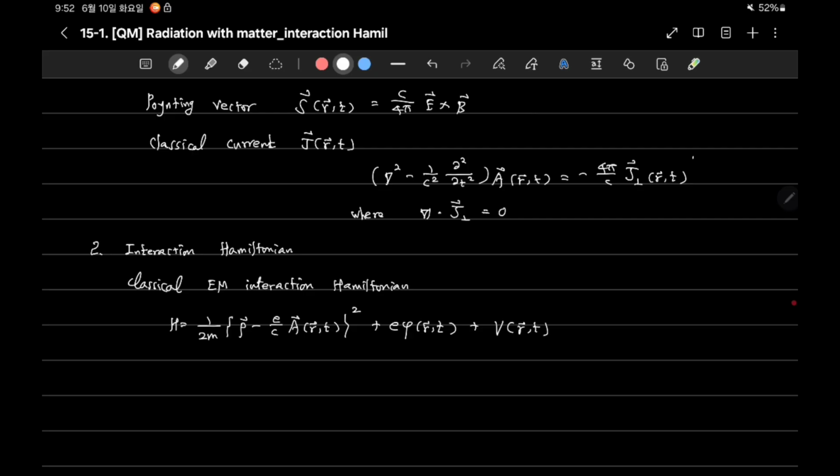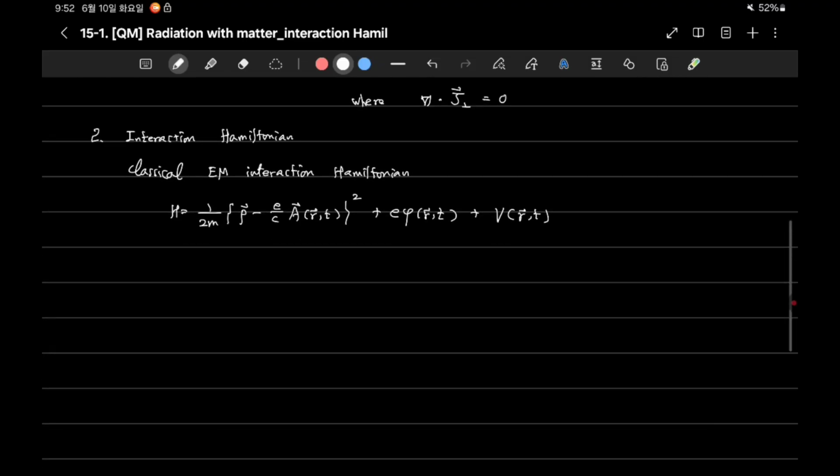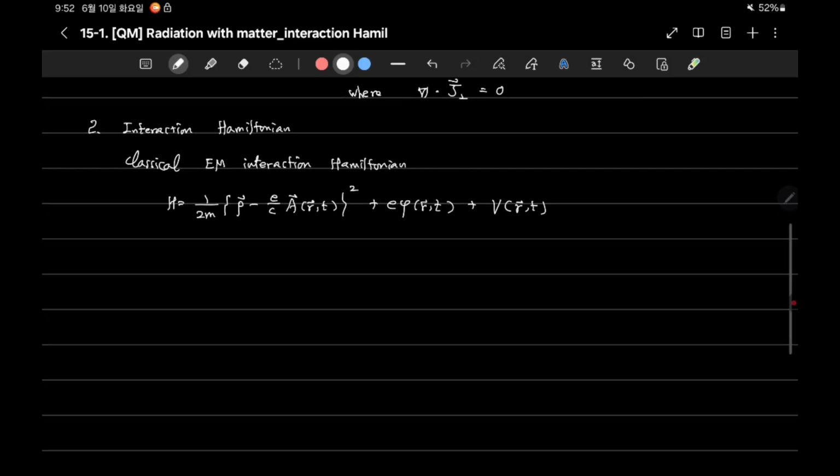So in an electromagnetic field, it is like this. Here is the classical electromagnetic Hamiltonian. Then the momentum operator and the energy operator give the Schrödinger equation with the interacting Hamiltonian.